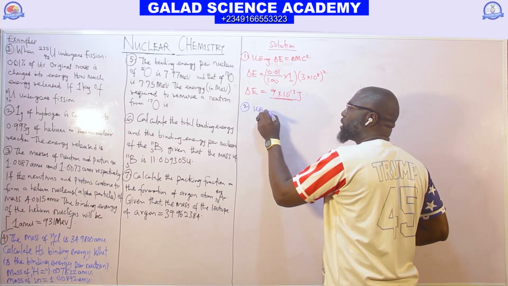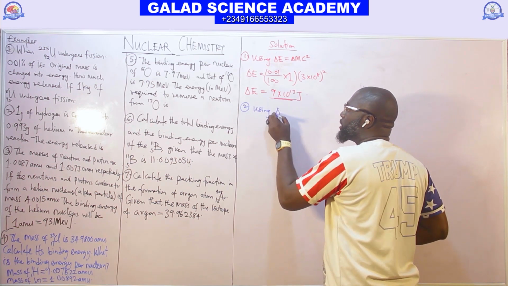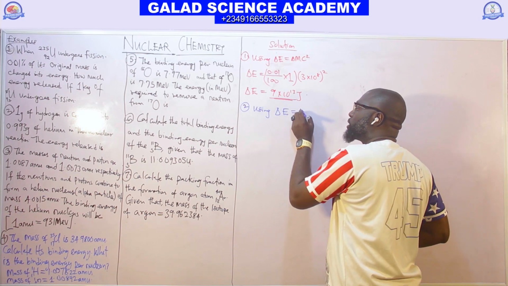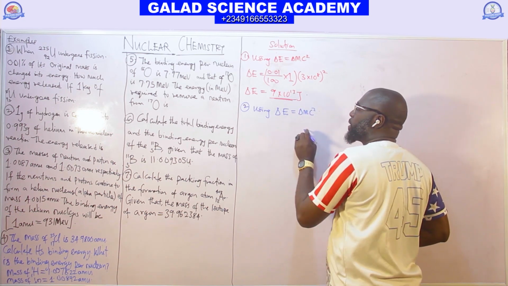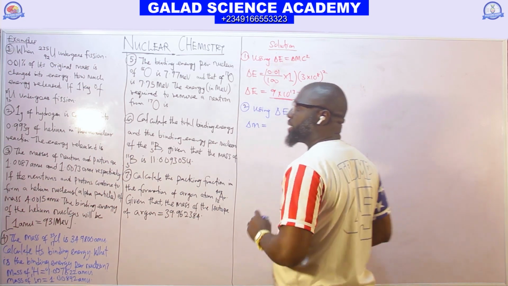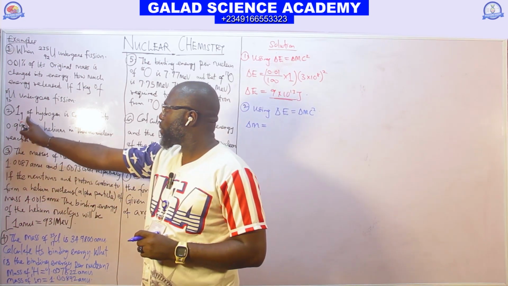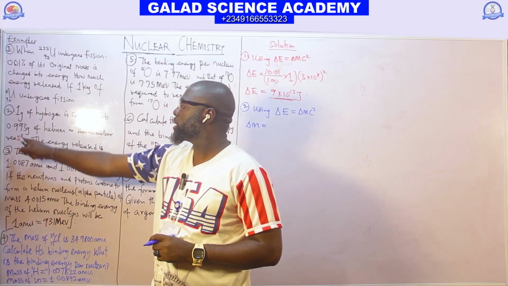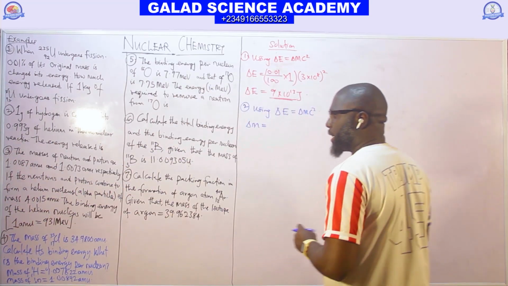Using change in E equal to change in m c squared. What is the change in mass? The mass given here, from 1 converted to 0.993.